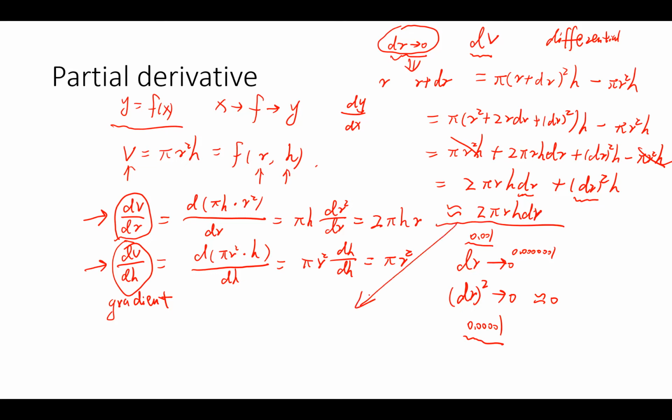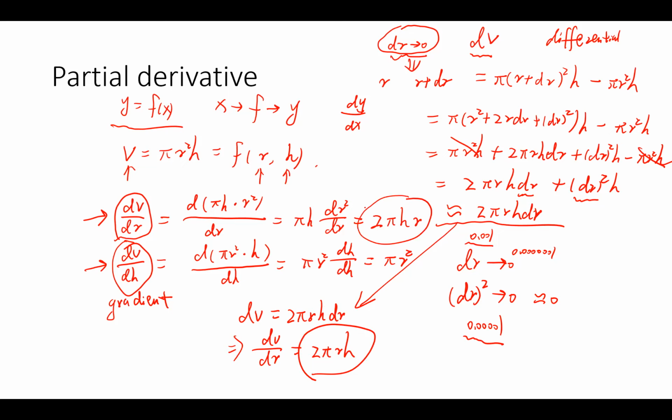And what this gives us is that dV equals 2 pi r h dr. And if we move dr to the left side, what we have is 2 pi r h, which happens to be the same as our analytic derivation, 2 pi h r.